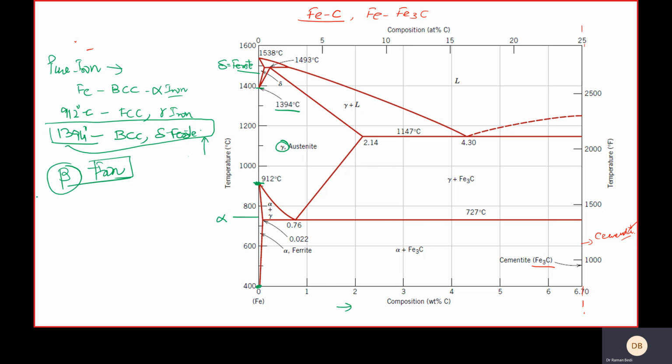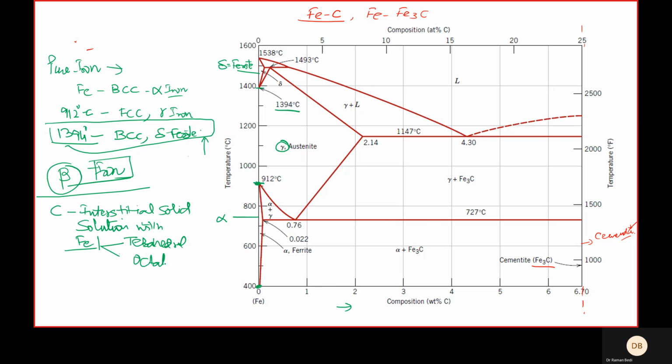We have seen already in our previous discussions that carbon forms an interstitial solid solution with iron. When I say interstitial solid solution, it means the carbon can be located in any of the interstitials, which may be tetrahedral or octahedral.